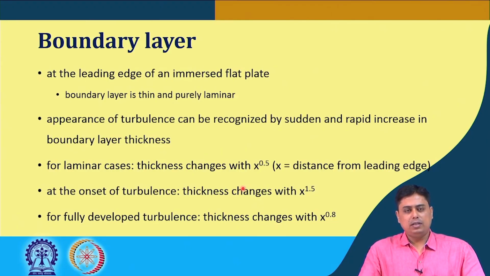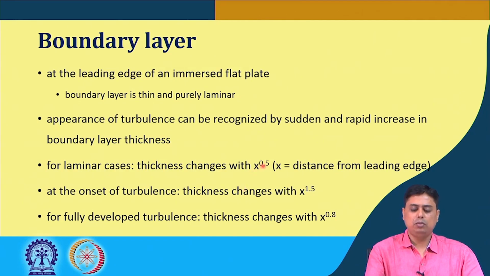After that, as we go far from the leading edge of this flat plate, the turbulence sometimes dissipates or is carried away by the bulk fluid velocity. In laminar cases, the thickness of this boundary layer typically varies with x to the power 0.5, where x is the distance from the leading edge.